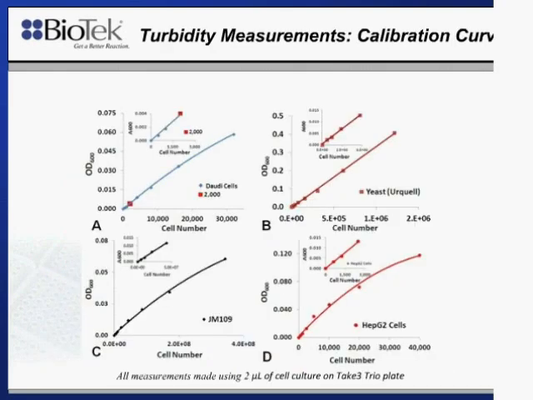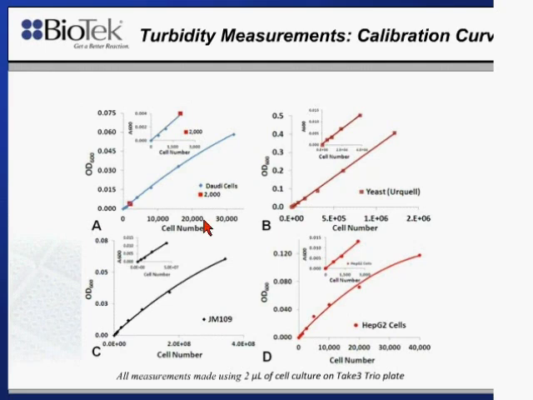Okay, so as I mentioned, specific to each cell line, you will expect different absorbance readings. And so, not absorbance, optical density measurements. If we take a look here, I'm showing you several different cell lines and their calibration curves. Again, what we're looking at is cell number versus optical density at 600 nanometers.